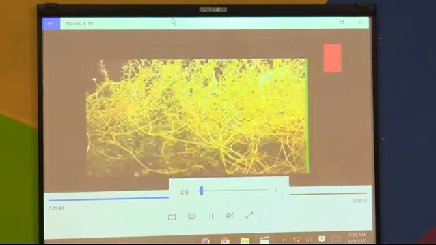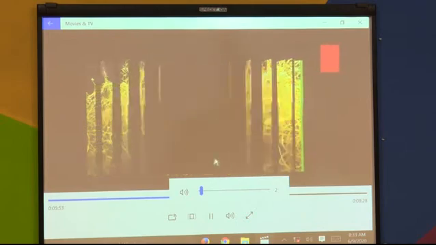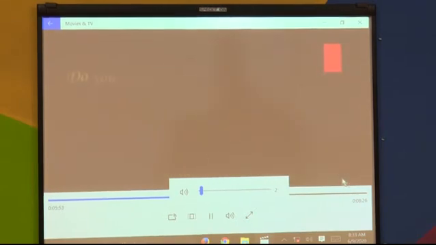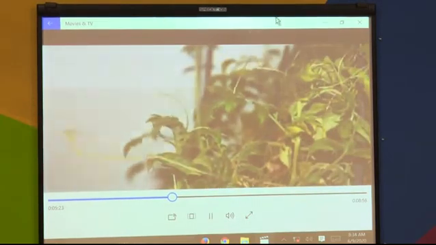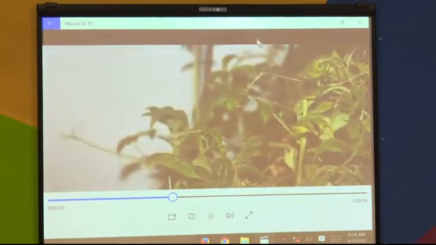Here you can see after regrowth it is turning around the stems and branches of the whole host plant.